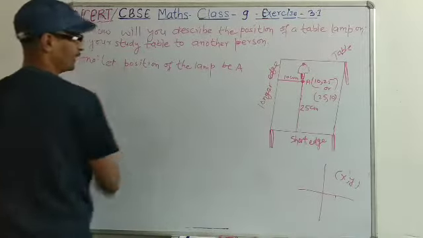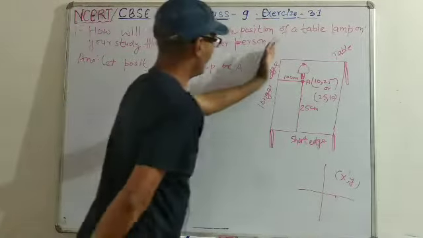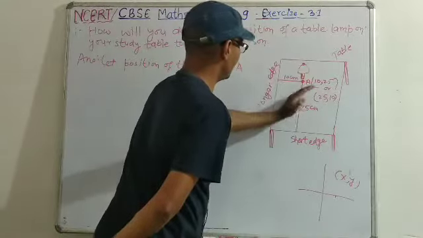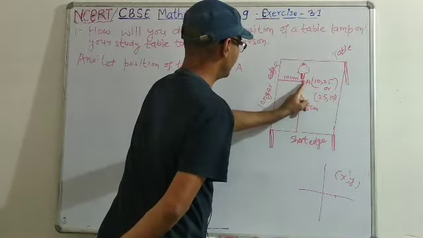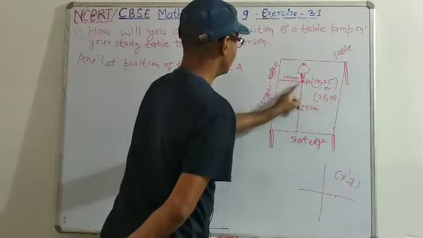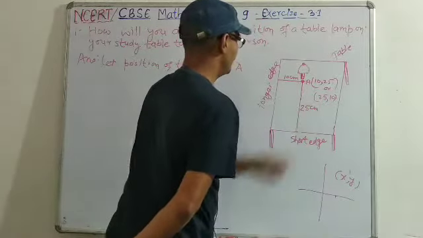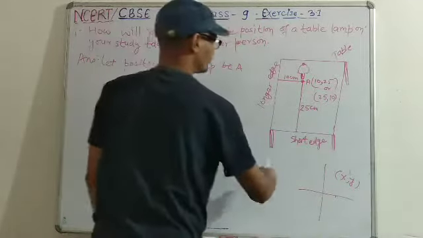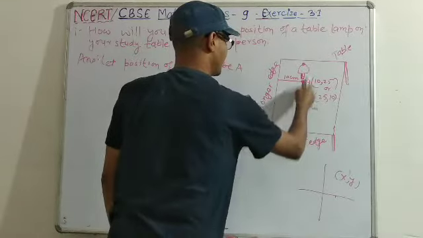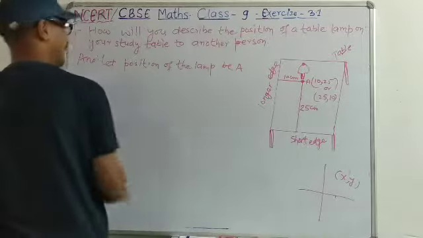Here we cannot say which is which. We measure the perpendicular from the longer edge and from the shorter edge, and where they intersect, that is point A. It is 10 and this distance is 25. Otherwise we can take first 25 and then 10, because there is no axis here.